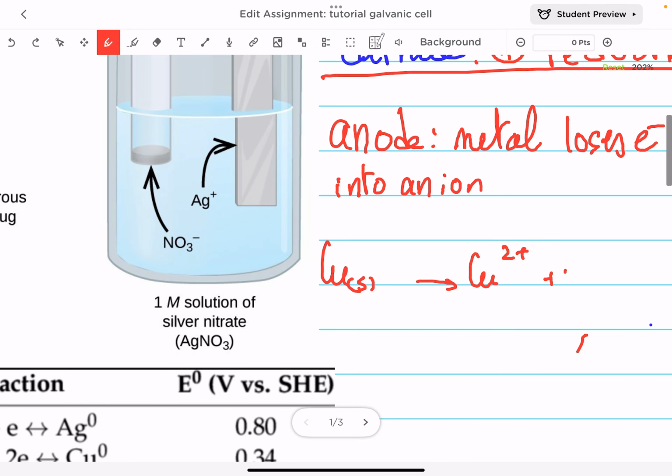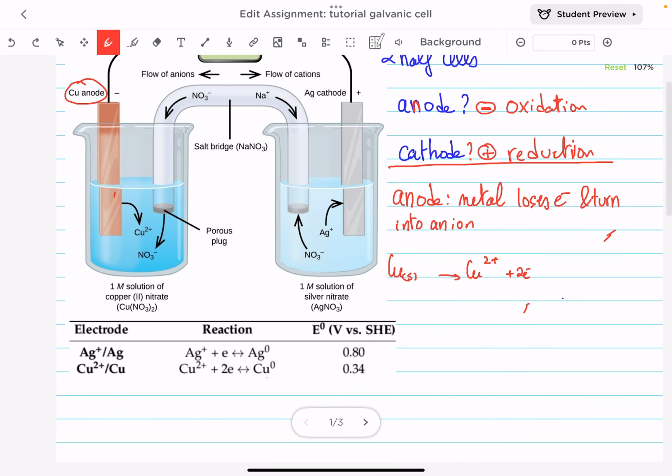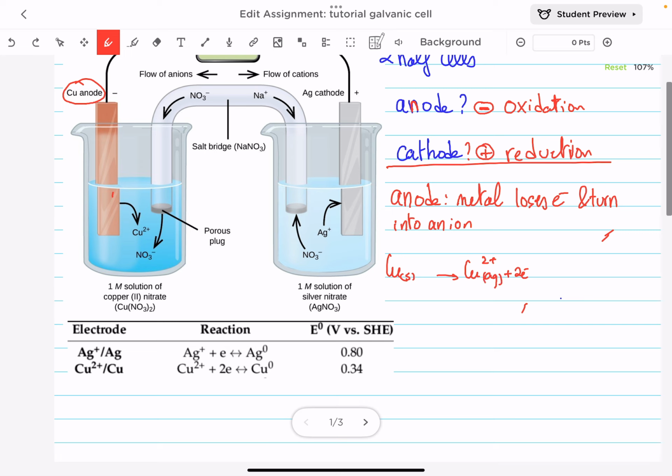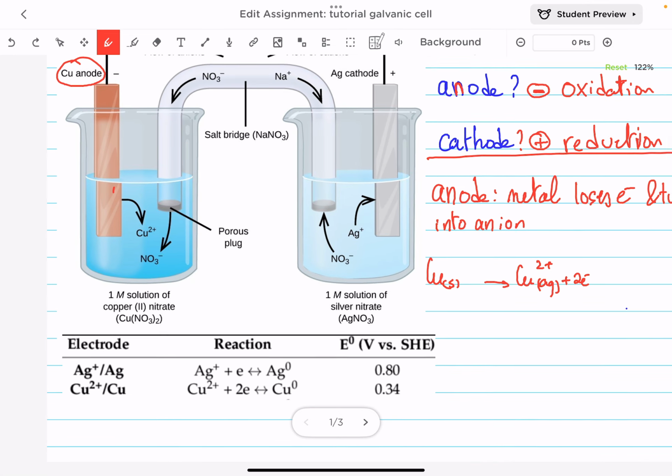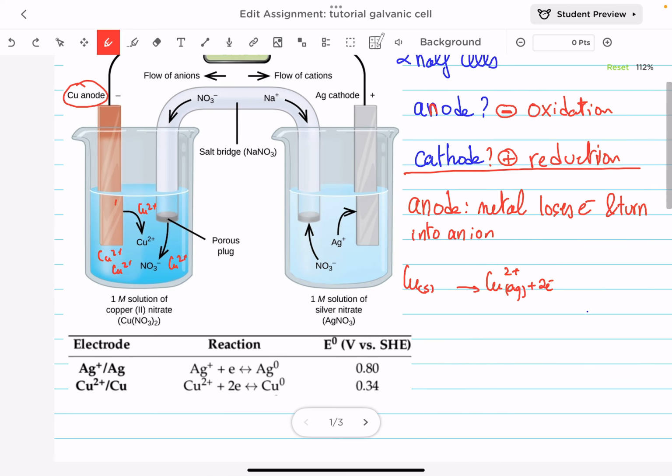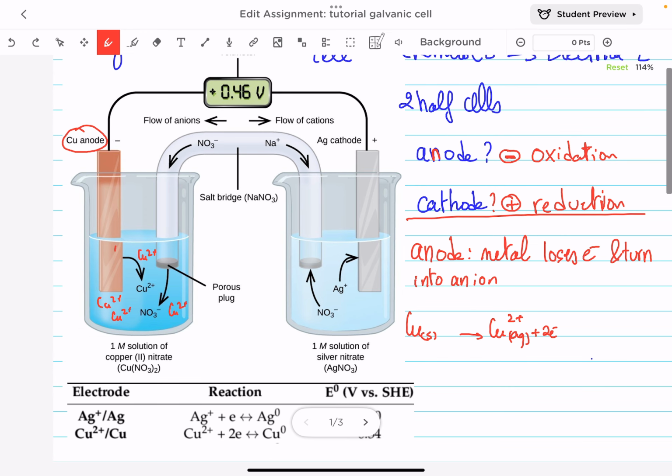Now when I look at this, we add electrons to the copper 2+ ion since these electrons are lost. I'm going to explain also in this video what happens later on, if more and more copper ions accumulate in the solution of this half cell. As you can see here, you have a copper electrode, the anode, immersed in a copper solution.